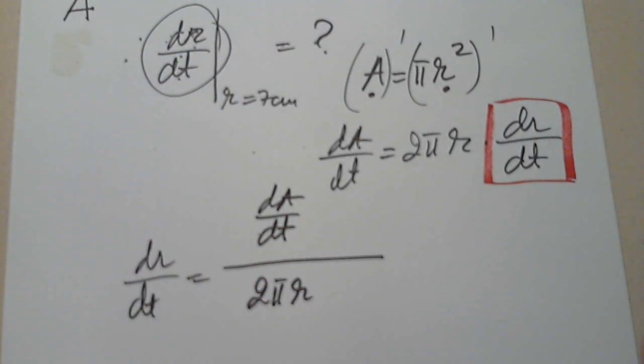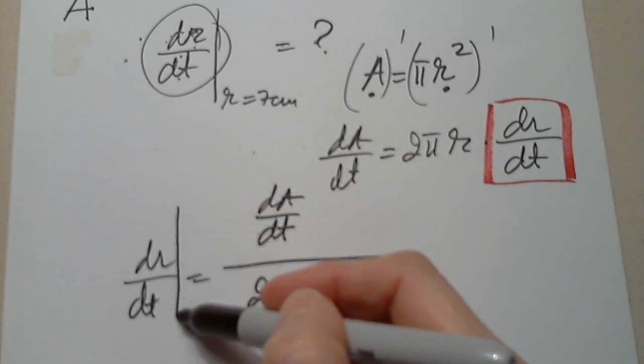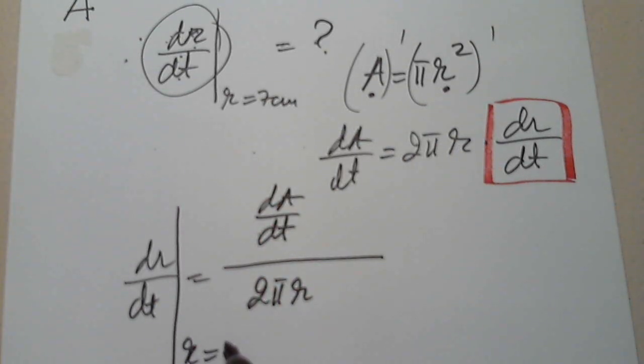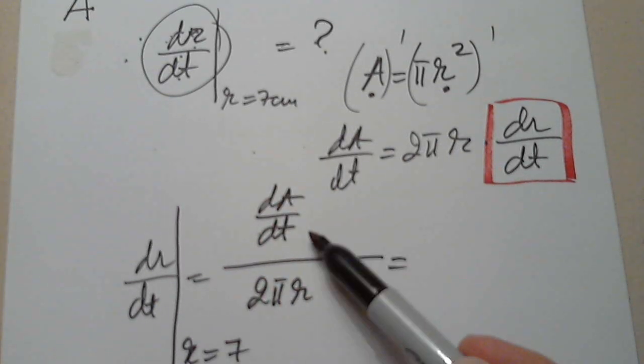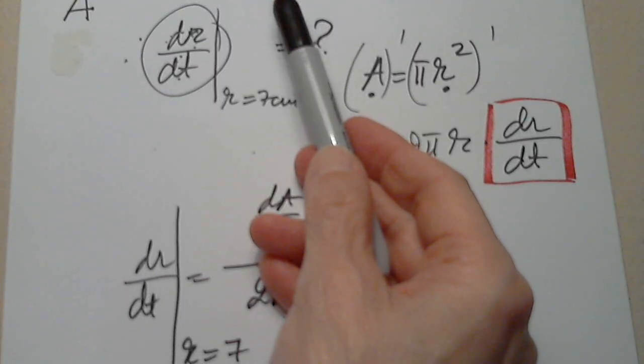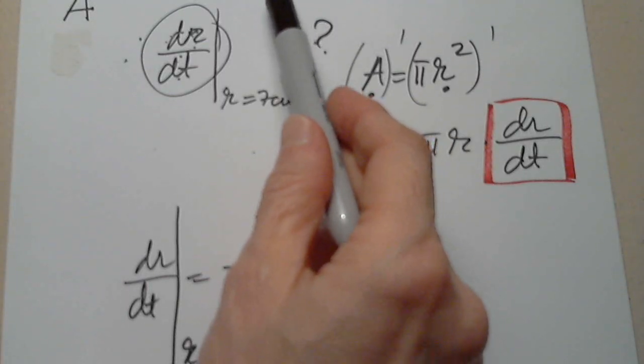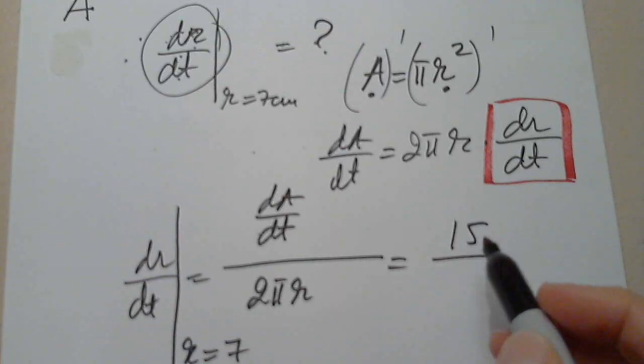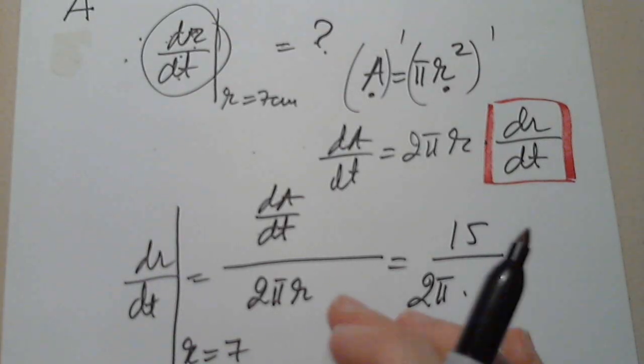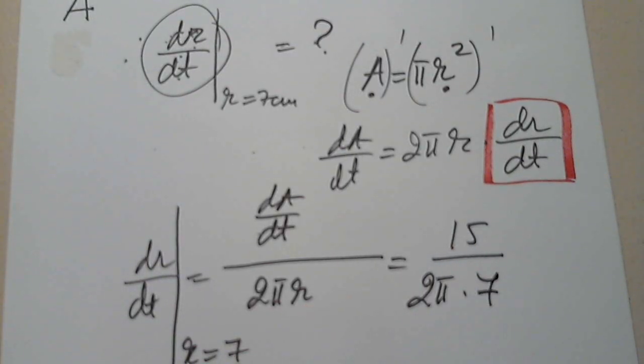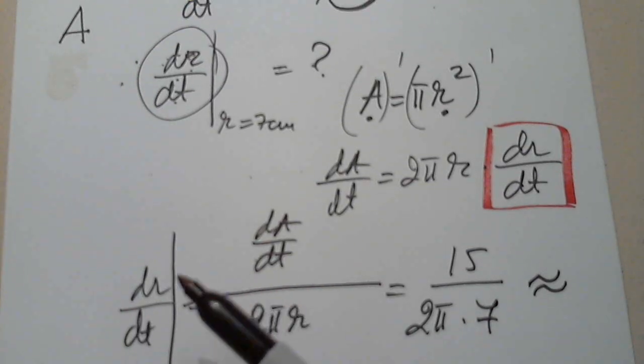Now all I have to do is evaluate when r is 7. dA over dt is given to us, right here at the top, 15. 2 pi are numbers and r is given to us as 7. So if we want to approximate, please let's identify the measurement unit. Can anyone give us that?